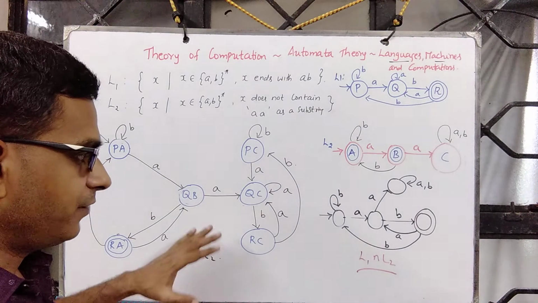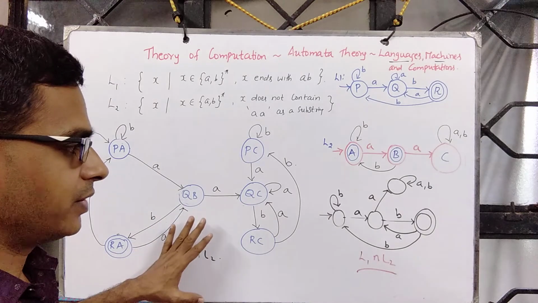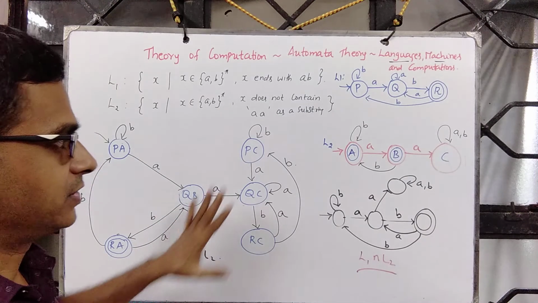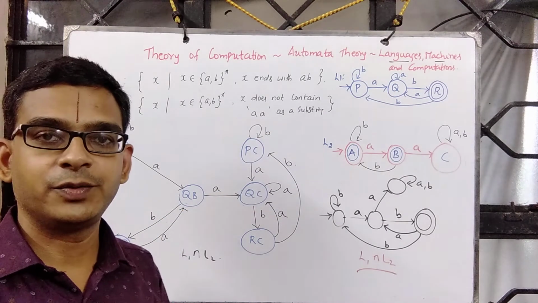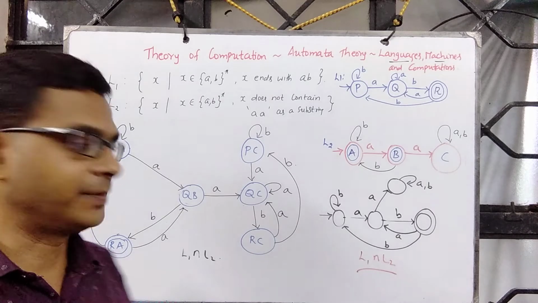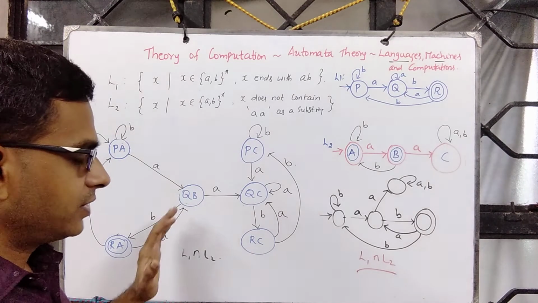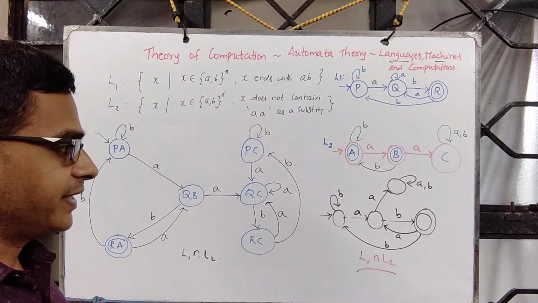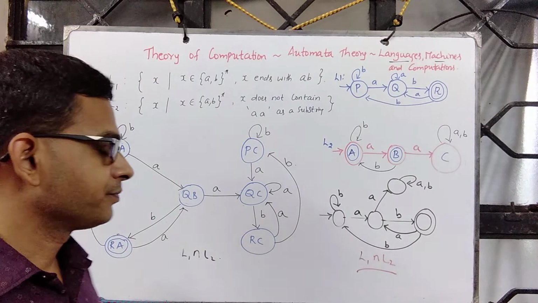So it need not give you minimum, but it certainly gives you an automaton which precisely answers what we want, be it L1 union L2 or intersection or set minus. And so all this is helping you to design a machine from many perspectives.